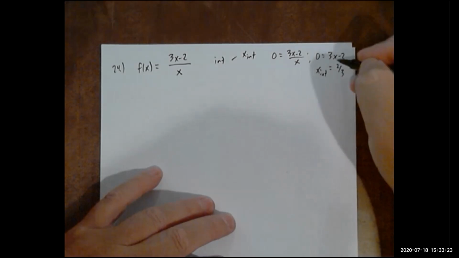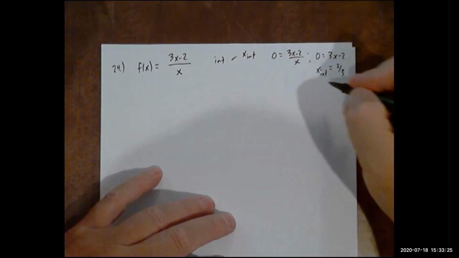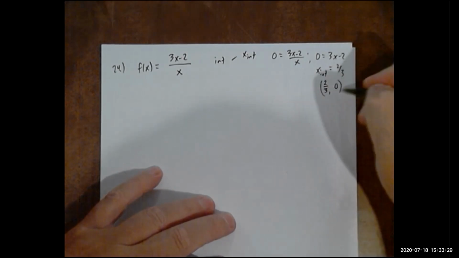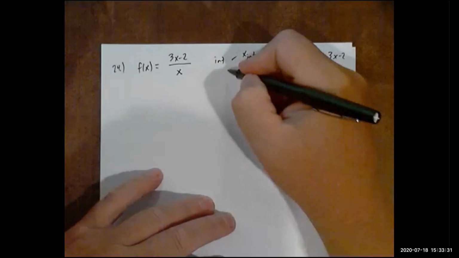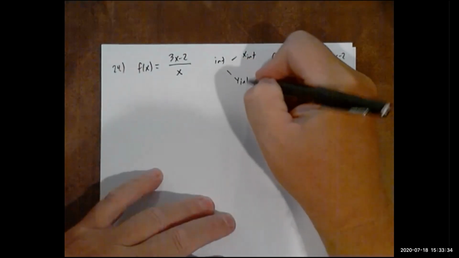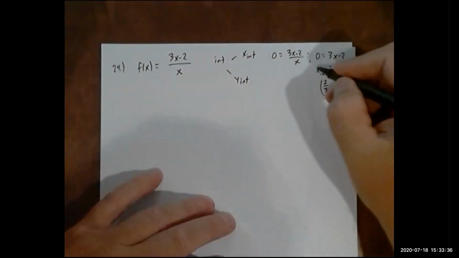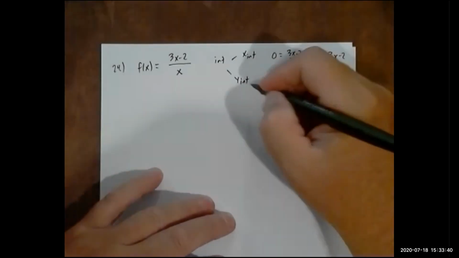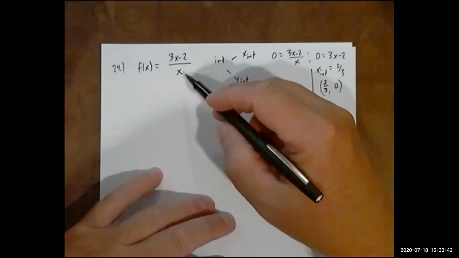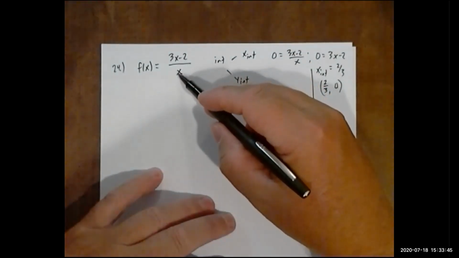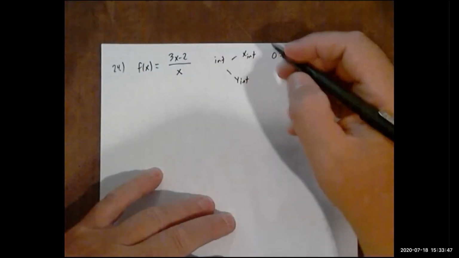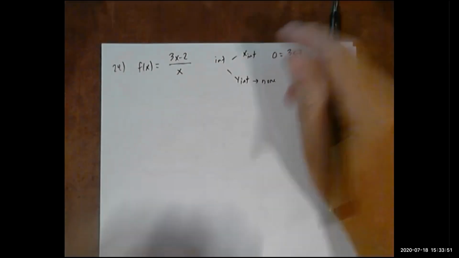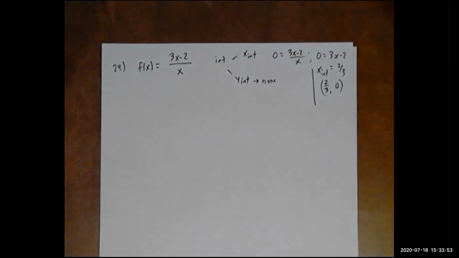If you solve for x, I believe you get 2/3, which means the actual x-intercept as a point is 2/3, 0. Y-intercept, you set the x equal to 0, and you can see right away I would be putting a 0 in the denominator, which I cannot do. So right away, I know there are no y-intercepts.